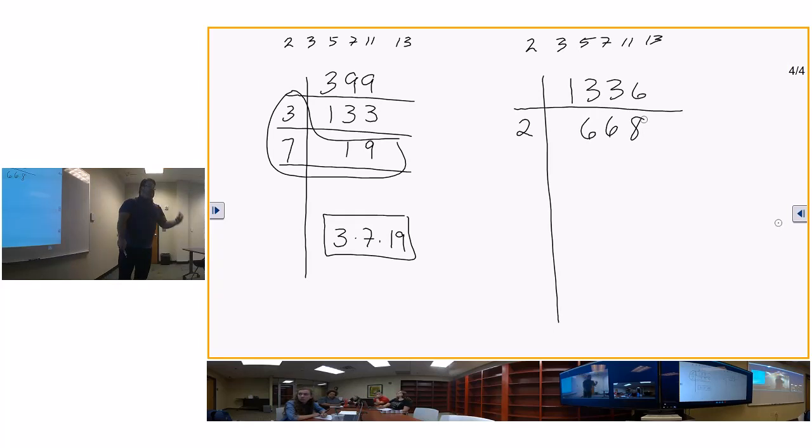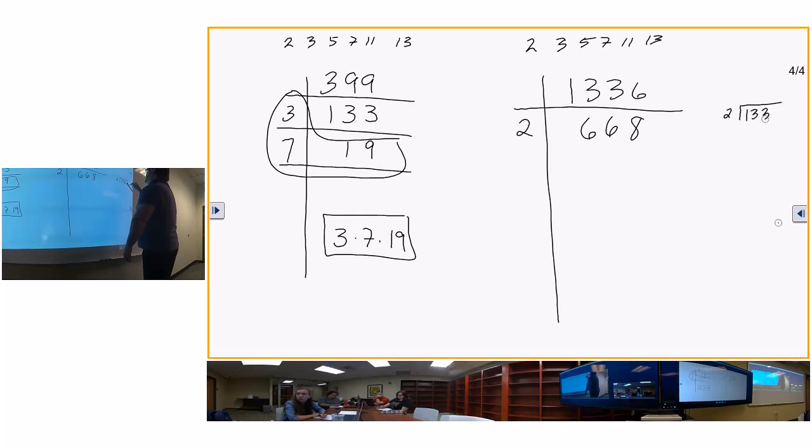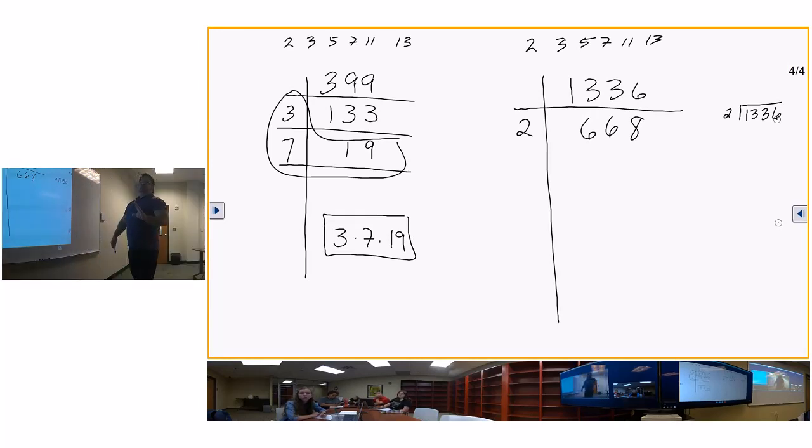If you don't understand what I just did, go over to the side and write 2 into 1336. I would rather you do this than use the idiot box, because we don't need it right now. Don't use the calculator, because that's a security blanket. No offense, but you should not be a graduate of high school and not be able to divide 2 into 1336. You should be able to do that.